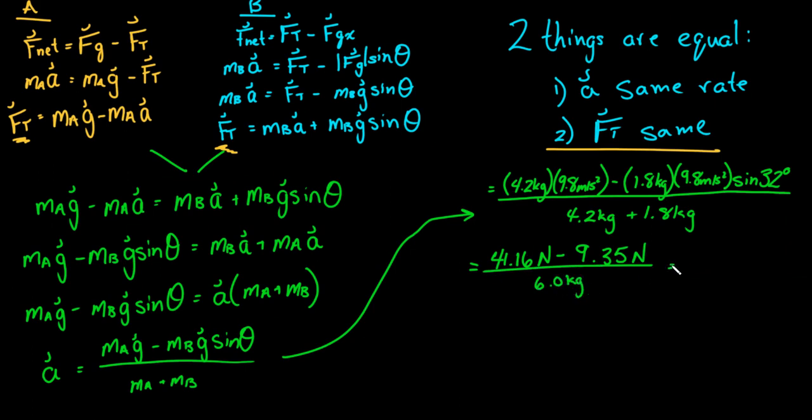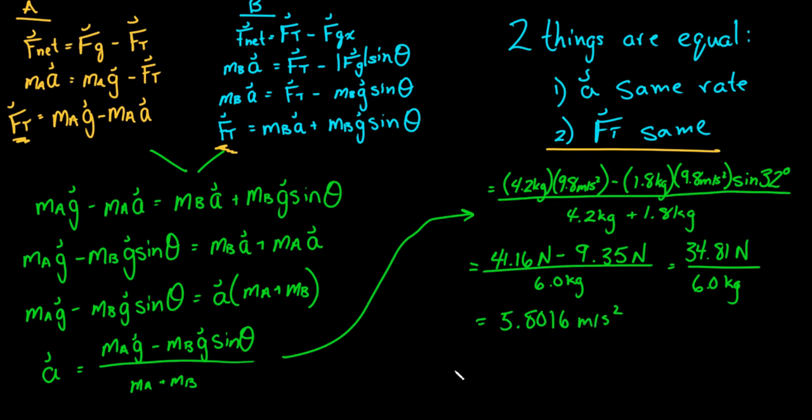Okay, so this simplifies to 34.81 newtons all over 6 kilograms. Okay, gives us an acceleration rate of 5.8016 meters per second squared.